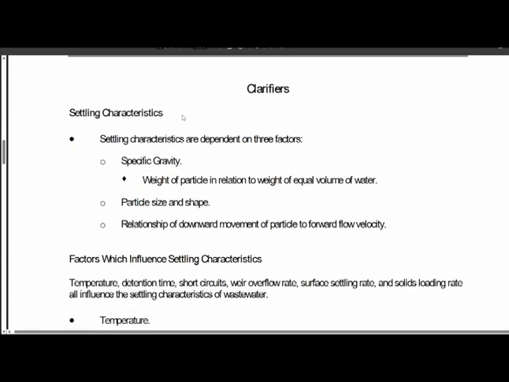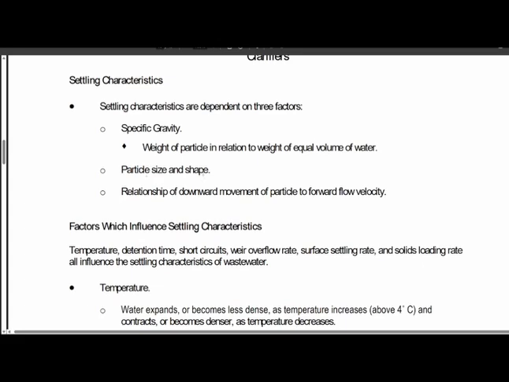Settling characteristics. Settling characteristics are dependent on three factors: specific gravity, the weight of the particle in relation to the weight of equal volume of water; particle size and shape; and relationship of downward movement of a particle to forward flow velocity.